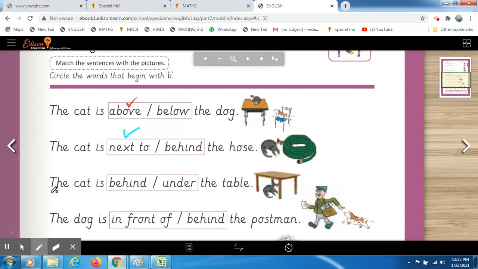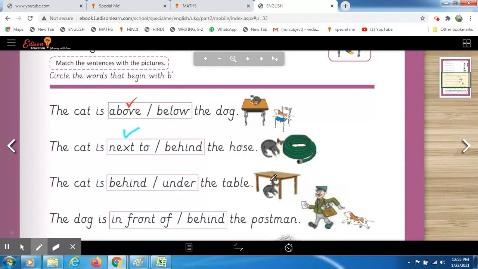Okay, now in the next sentence, the cat is dash the table. कहाँ है? Now you have to answer me. Don't look at the options because I want you to give me the answer. ये होगा या ये होगा, है ना? Try to give me the answer without seeing here. So the cat is dash the table.